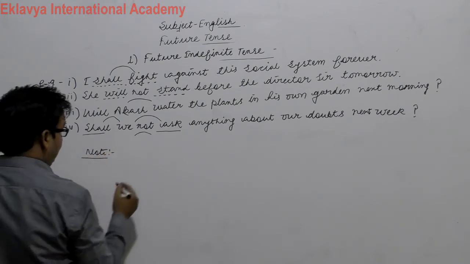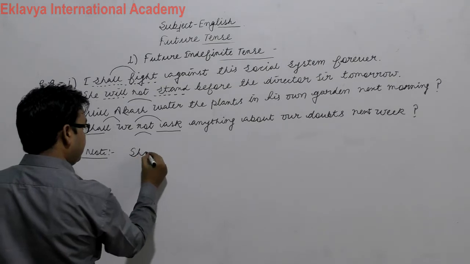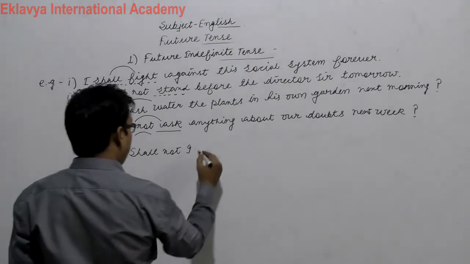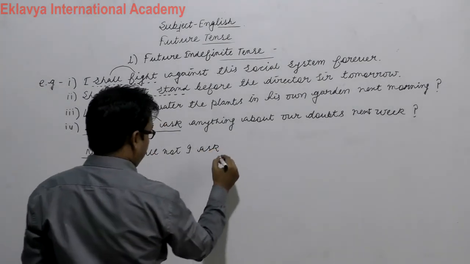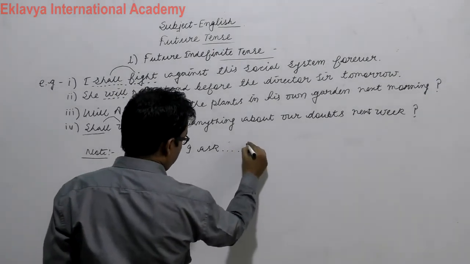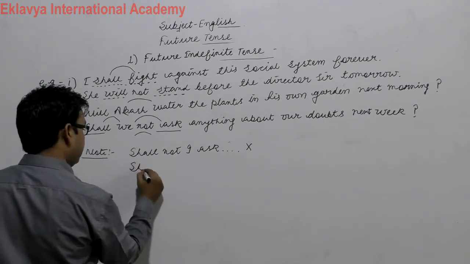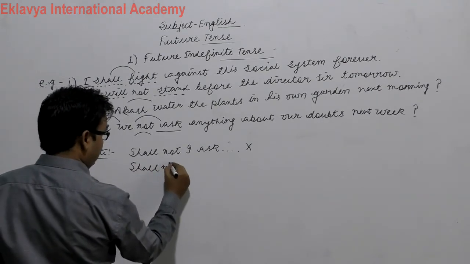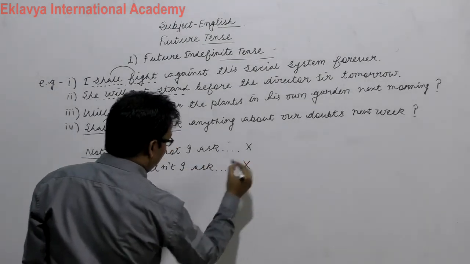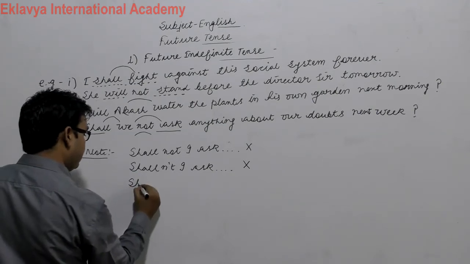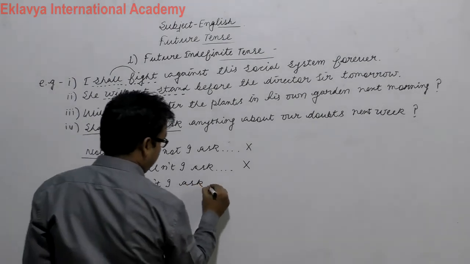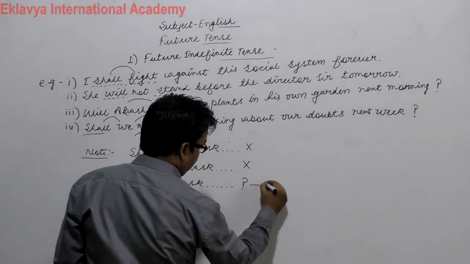Note: shalln't I ask, or shall not I ask, is basically a wrong way to write a sentence. Shalln't I ask is also a wrong way to write a sentence. Shan't I ask is the right way.